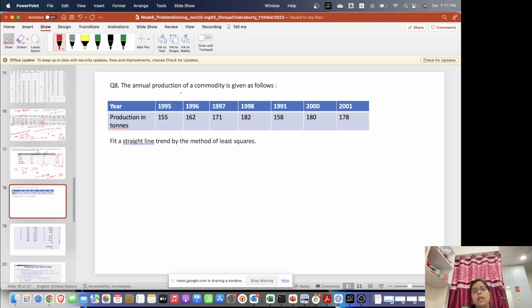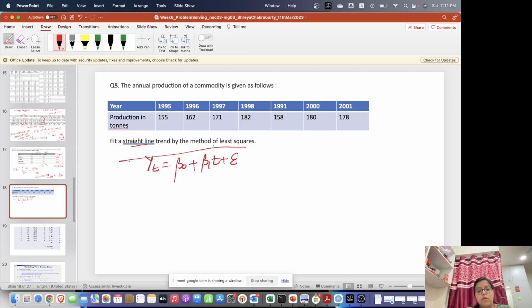So here they are saying the annual production of a commodity is given as follows. This is the production values in tons, and they have asked to fit a straight line trend by method of least squares. So we want something like yt equal to beta naught plus beta 1 t plus epsilon.